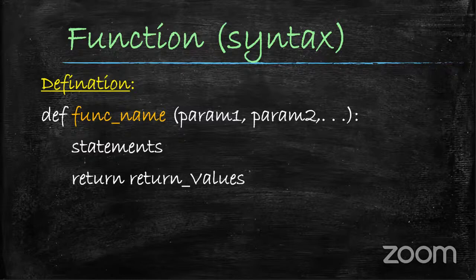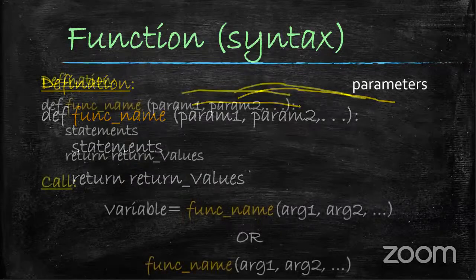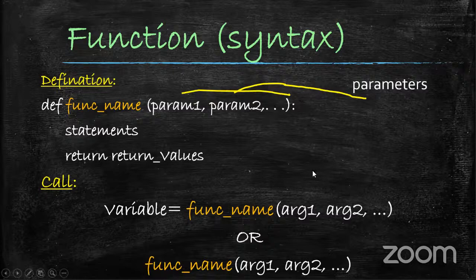So in this function, inputs are parameter 1, parameter 2, and output is return underscore value. That is the output. Now these are the parameters. This is the definition of the function. And how it is called: if it is going to return something, you write the name of the variable is equal to function name, bracket, argument 1, argument 2, and so on.